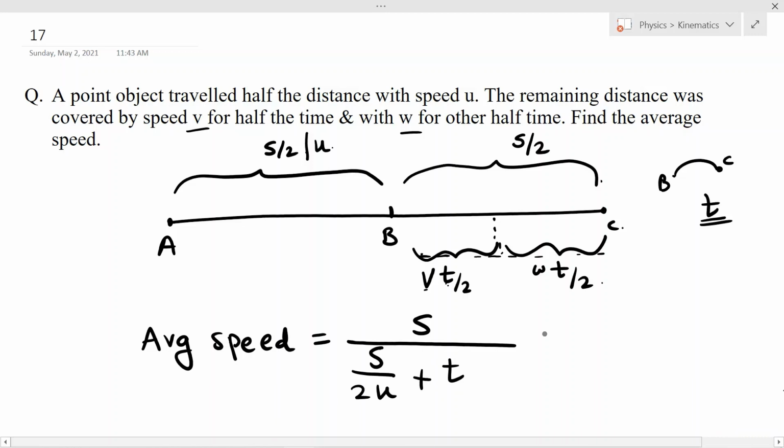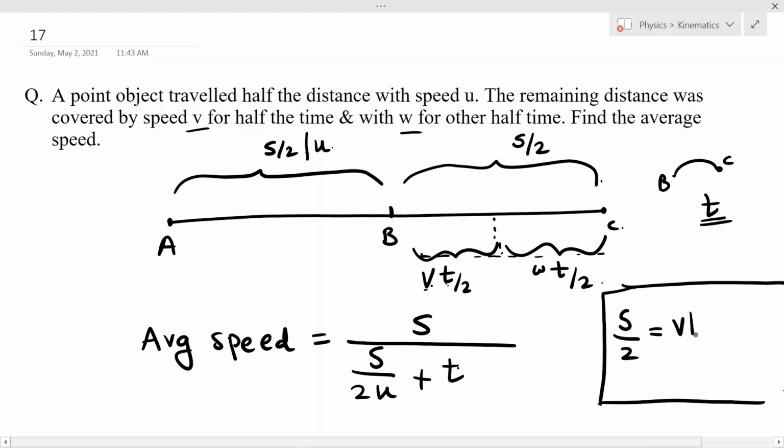But now, can I write this time in terms of s and v and w? The answer is yes. So let me write over here in this box. s by 2 distance will be v into t by 2 plus w into t by 2.